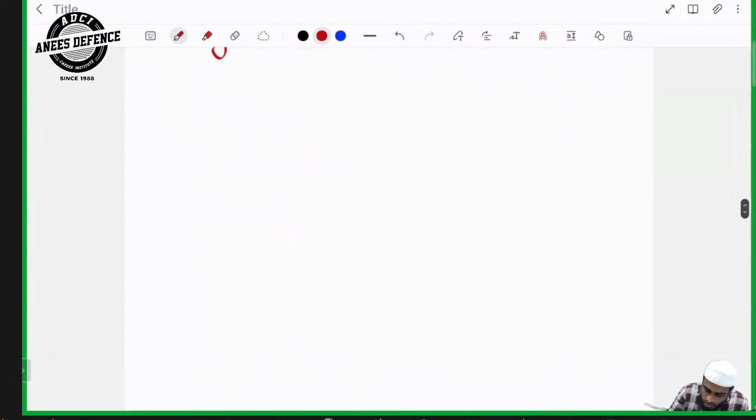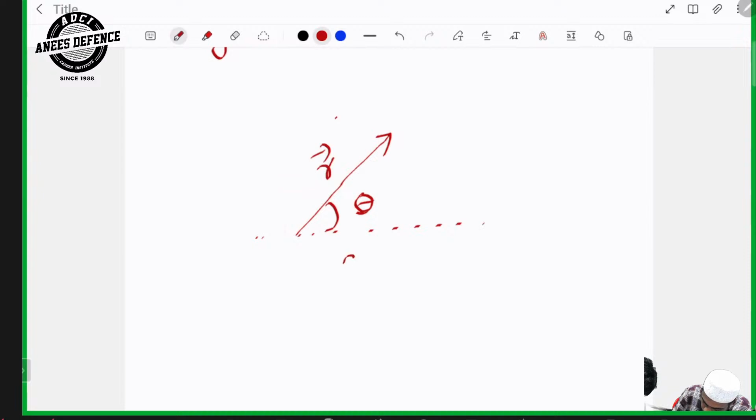So this is resolving a vector into two components. Take this as theta. Along with theta, we will represent R cos theta.